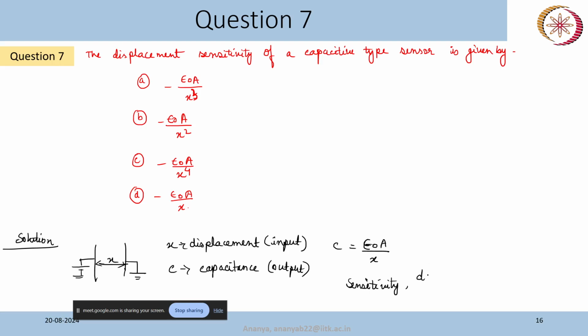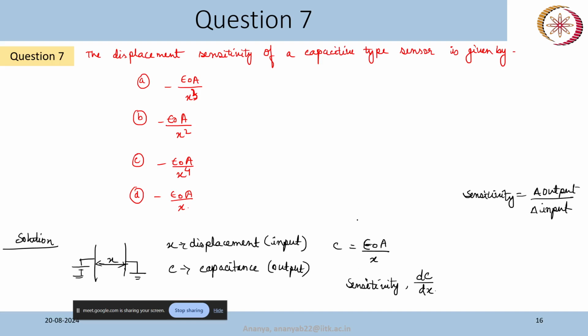Sensitivity will be dC by dx. So sensitivity is delta output, change in output due to change in input.